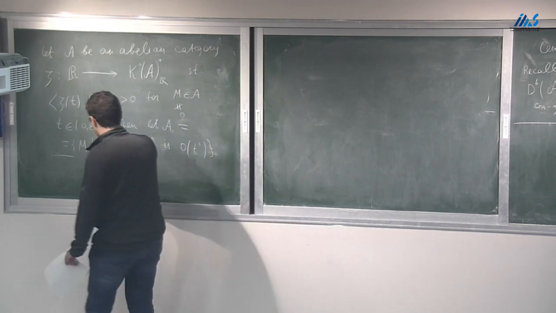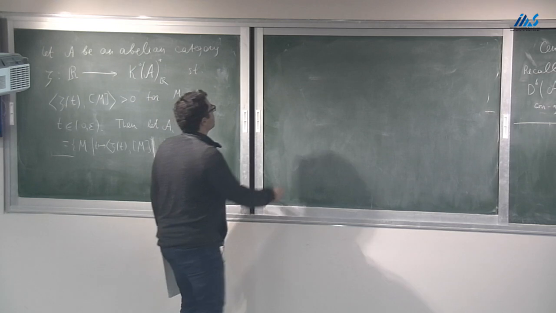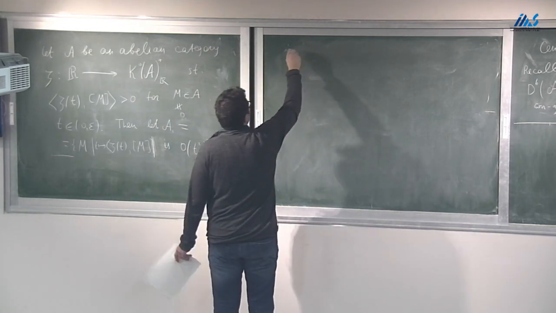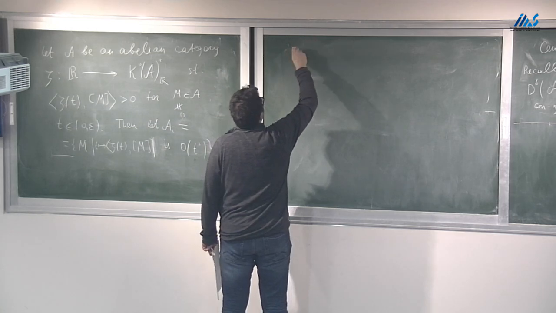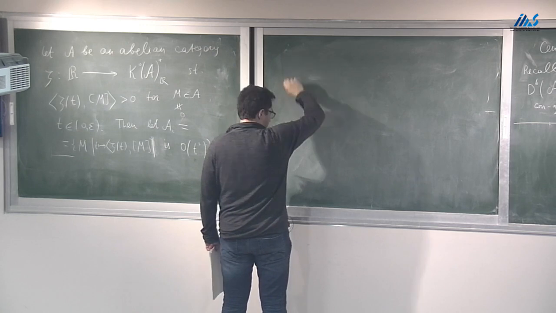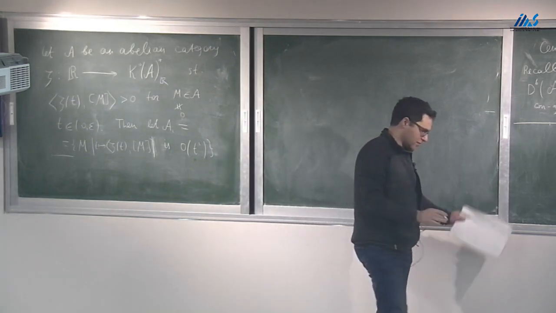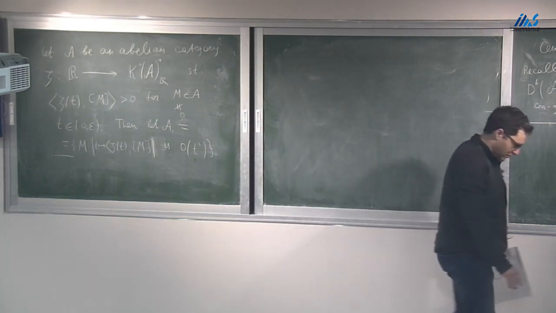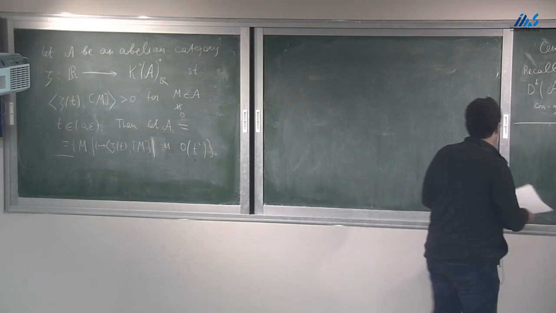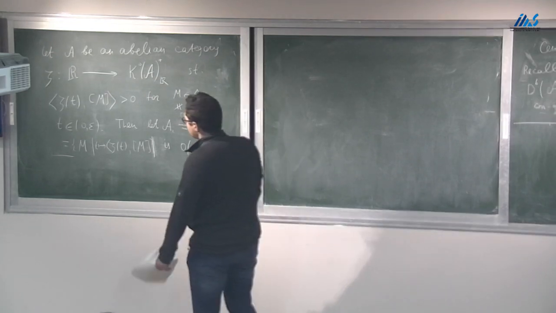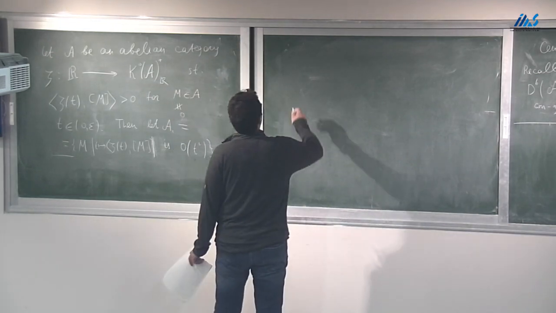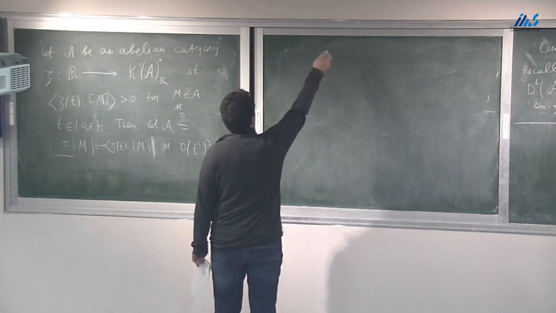To formulate this step, basically what I want to explain is how derived equivalences between abelian categories for different alcoves interact with the t-structure, what happens to the abelian category.